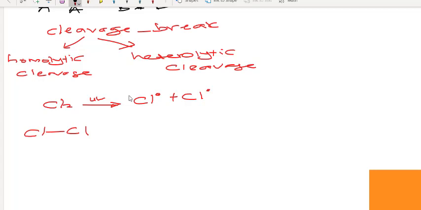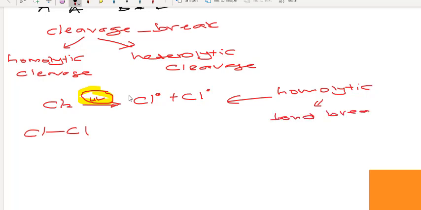You have to bear in mind, if there is UV involved in the reaction, the reaction is homolytic cleavage. Homolytic means the bond breaks symmetrically.